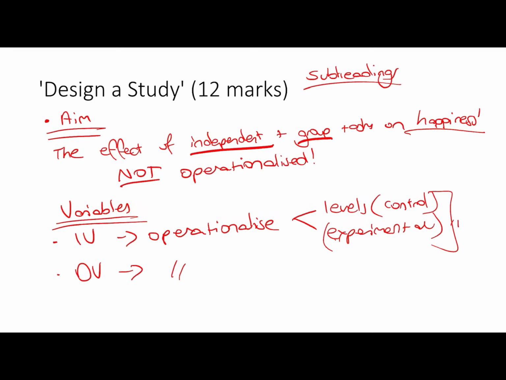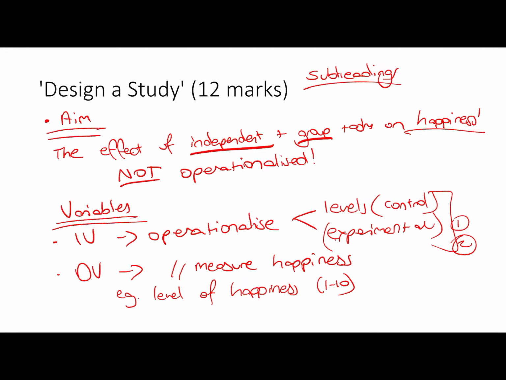Why is there one experimental, or why are there two experimental conditions? Our dependent variable, we need to be precise about the measurement. How exactly are you going to, in this case, measure happiness? For example, level of happiness on a scale of 1 to 10 on the Henry Happiness Inventory. You can just make up a name, that's fine. So with our variables, we need to be very, very clear how we're going to operationalize these.